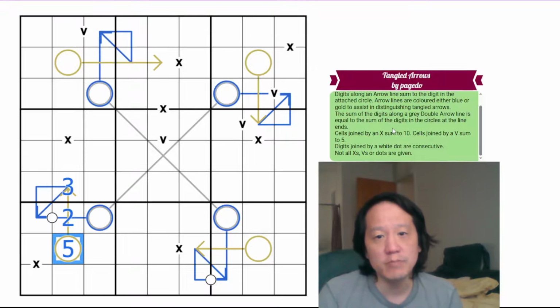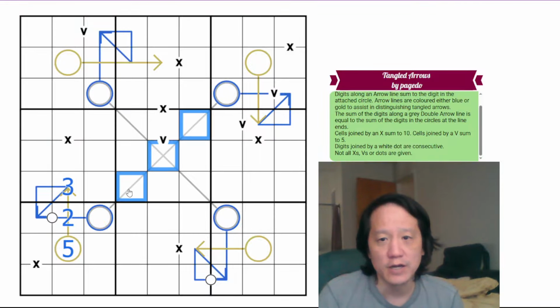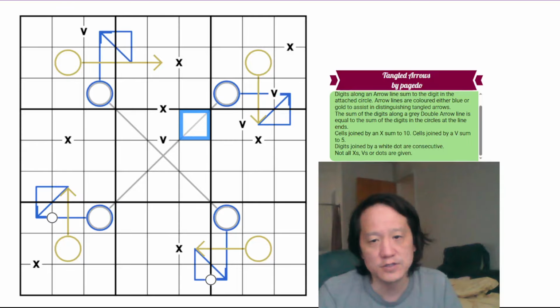The sum of the digits along a gray double arrow line is equal to the sum of the digits in the circles at the line's end. So, for example, if this was 6, 4, and 5, this adds up to 15, and say this was 7, then this would have to be 8.